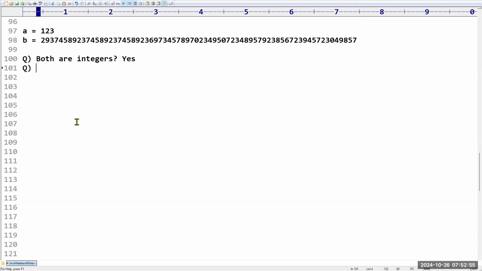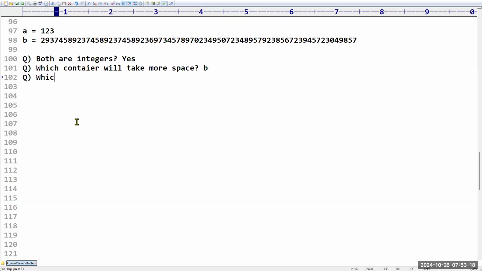Now, which container will take more space? First one or second one? Second one, sir. So container B is going to take more space, correct?